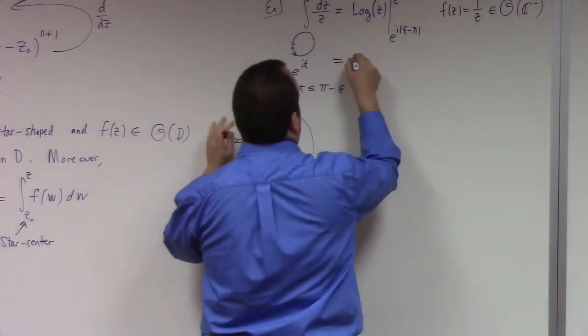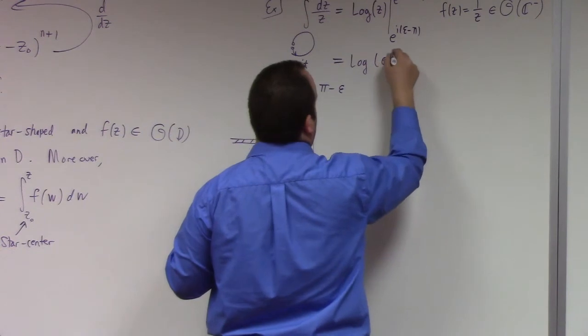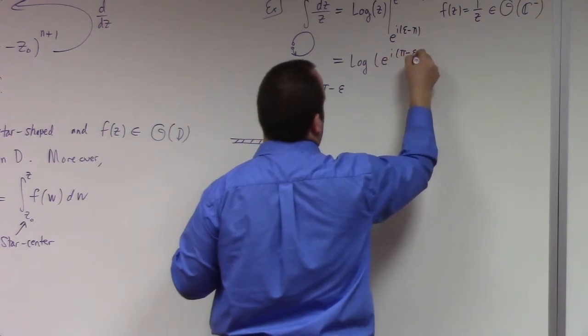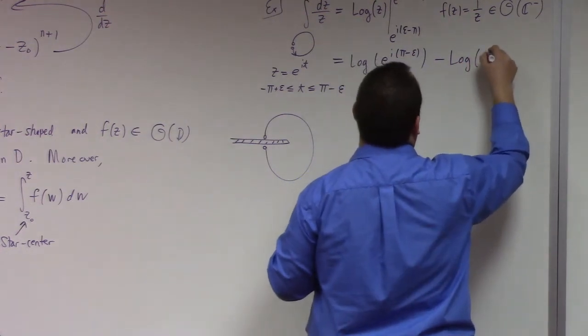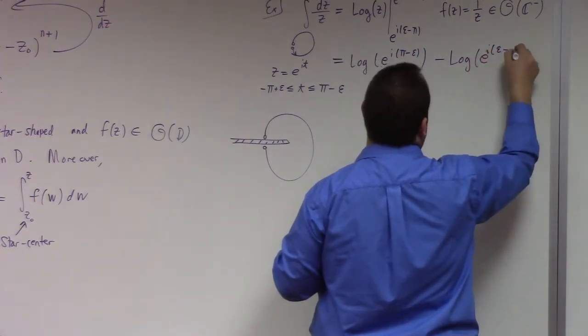So what do we have? We've got log of e to the i(pi minus epsilon) minus the log of e to the i(epsilon minus pi).